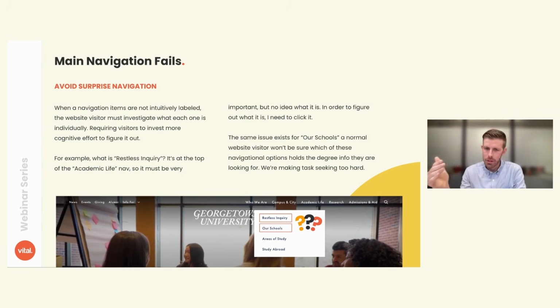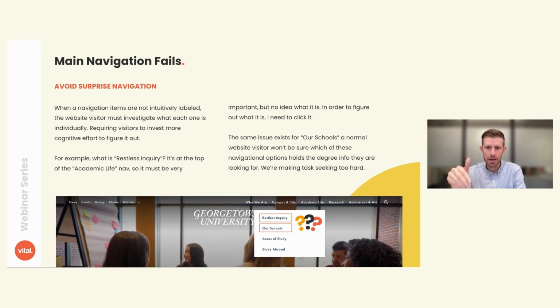This happens more than you would think, and it happens a lot in higher ed, where the label or the name of the school within the university might not be very straightforward as to what it is. Or here again, our schools or area of study. I'm just trying to figure out what degrees are here, and that's how I frame my search and my task.